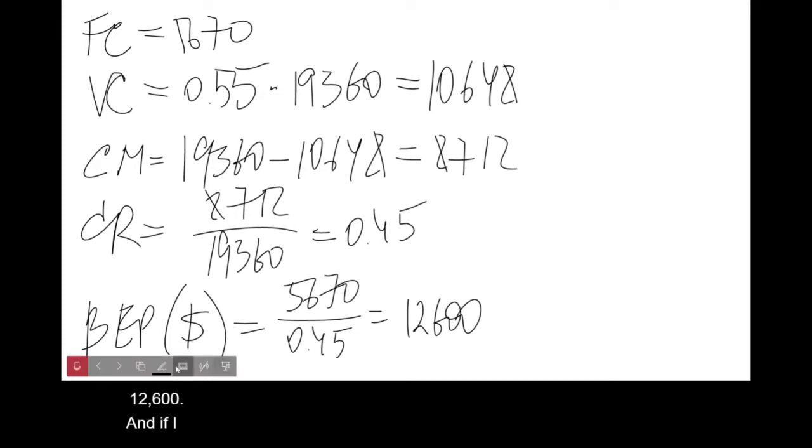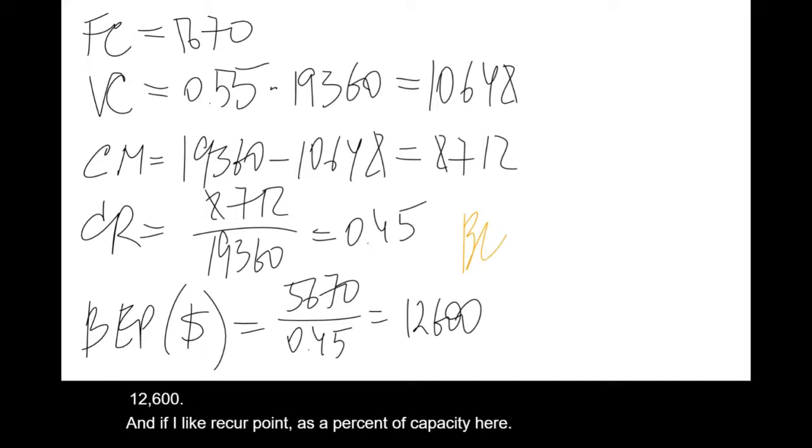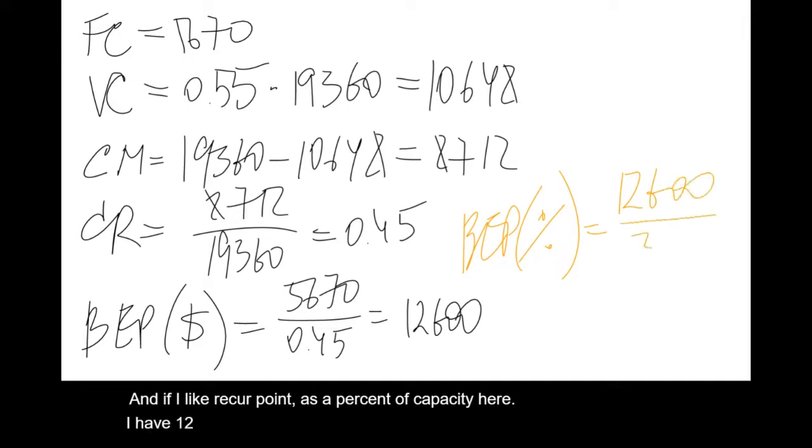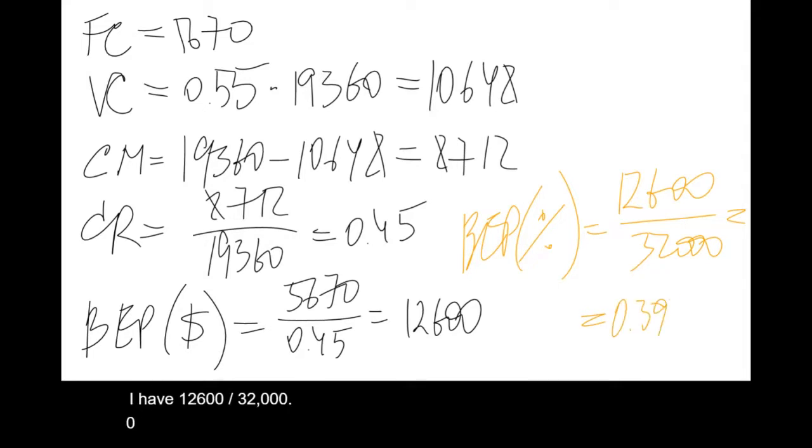And if I look at break-even point as a percent of capacity here, I have 12,600 over 32,000, which is 0.39375. That's it.